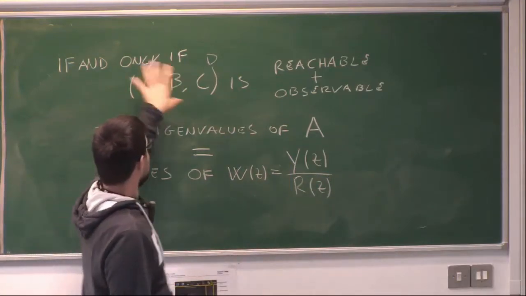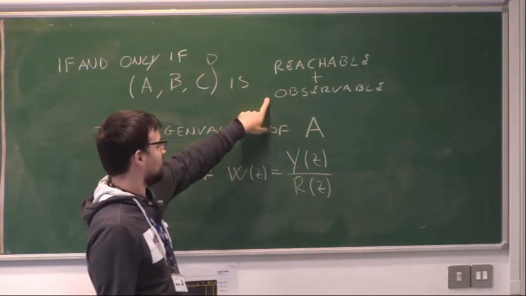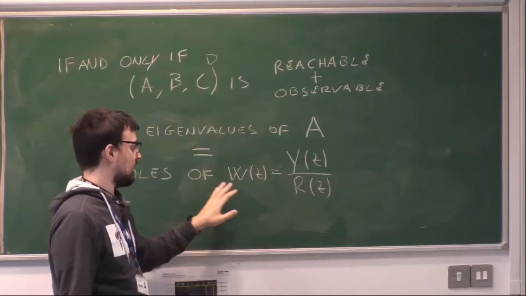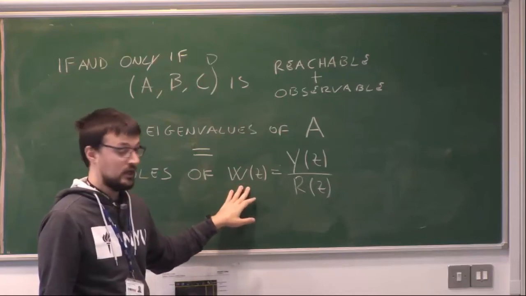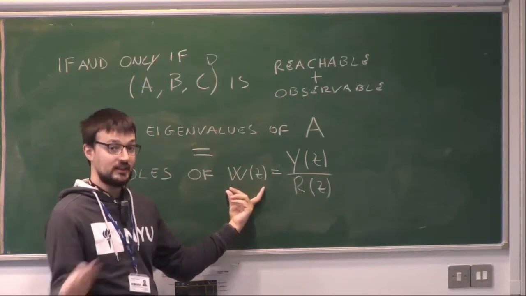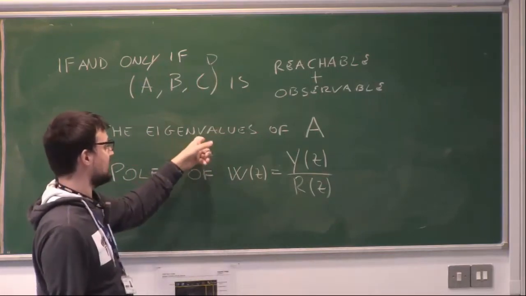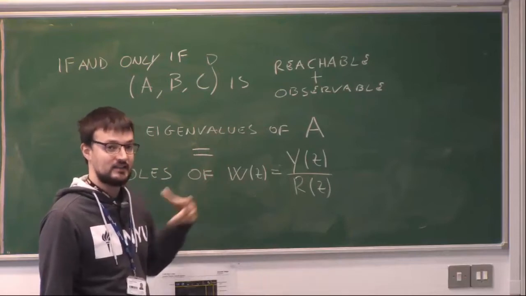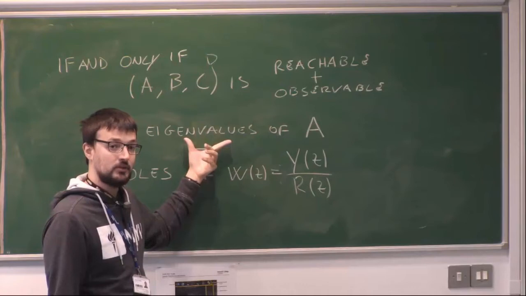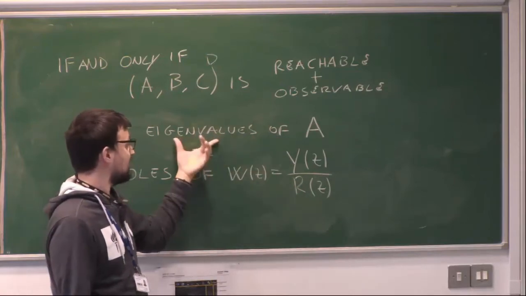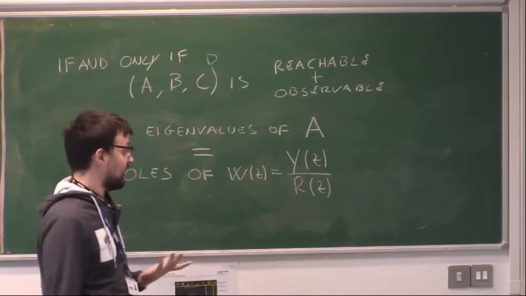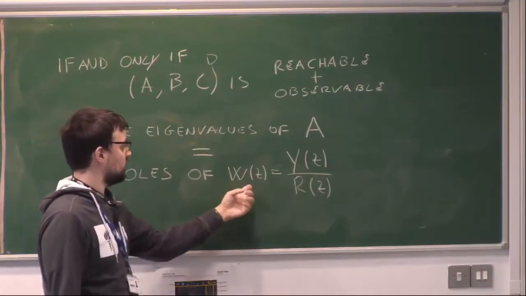If the system is not reachable and observable, then there are some eigenvalues of A that do not appear as poles of the transfer function. So even though the transfer function may seem asymptotically stable, it's possible that the underlying state space representation is not actually asymptotically stable, because there may be an eigenvalue of A that is not in the stable part of the plane. And we don't see it because it will not appear here.